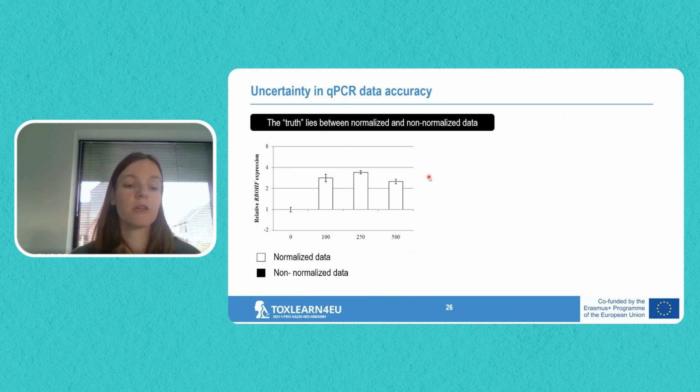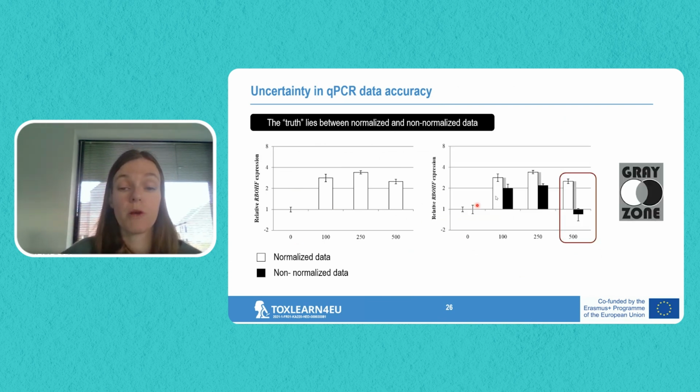So I will now come back to this slide here with the relative expression of this pro-oxidative gene in Arabidopsis plants exposed to different concentrations of zinc. As I said previously, in this graph you only see the normalized data. And based on these data, you would say that exposure to these higher zinc concentrations increases the expression of this gene.